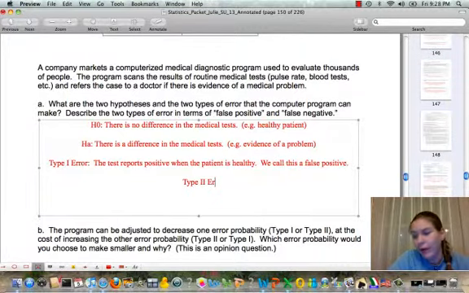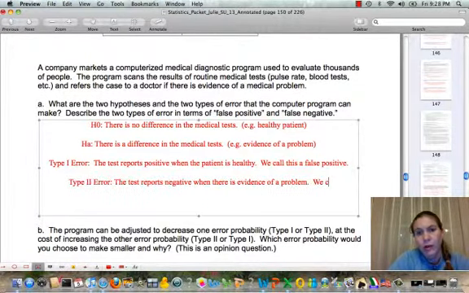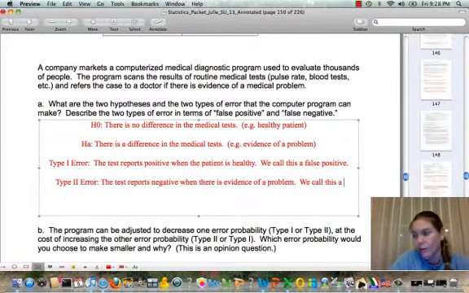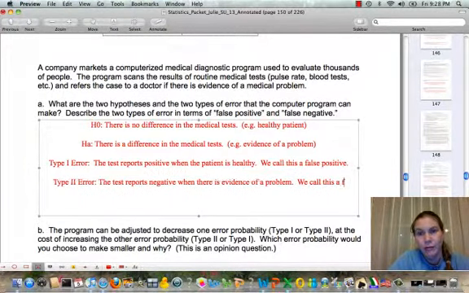The type 2 error would be the opposite, that the test reports negative when there is evidence of a problem. So we call this a false negative.